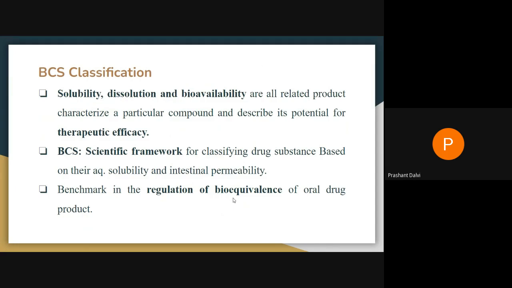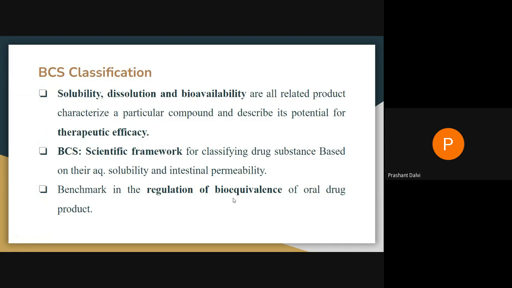Okay, then the biopharmaceutics classification system (BCS). Here, as I already mentioned, drugs are classified according to their physicochemical properties, aqueous solubility, and bioavailability into four main groups: class 1, class 2, class 3, and class 4.